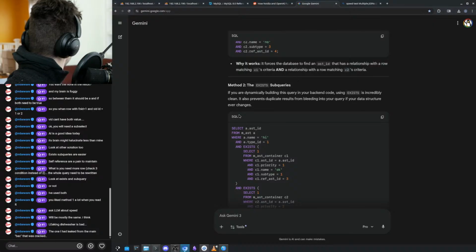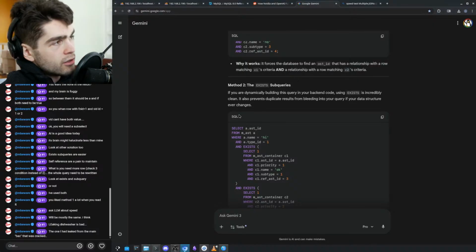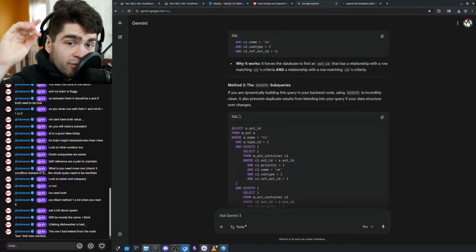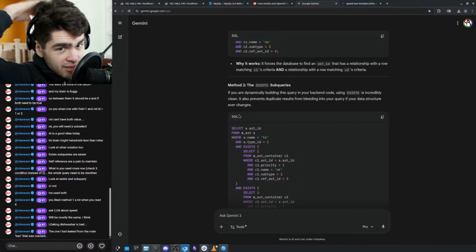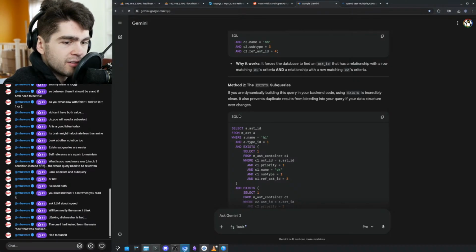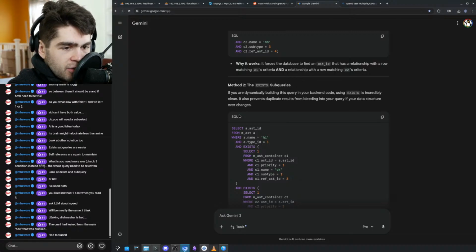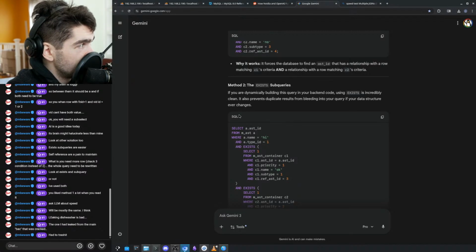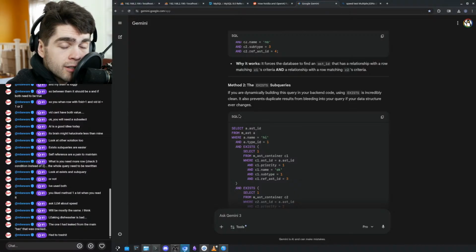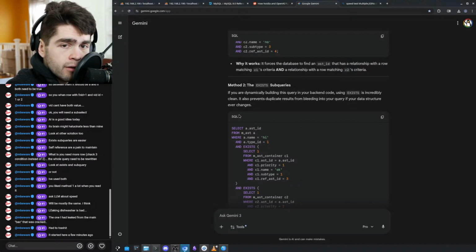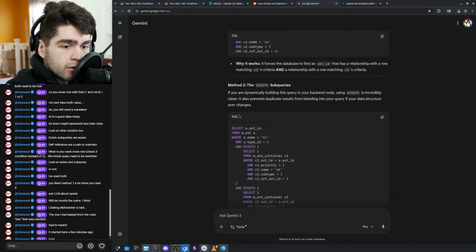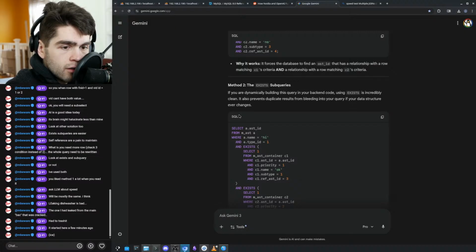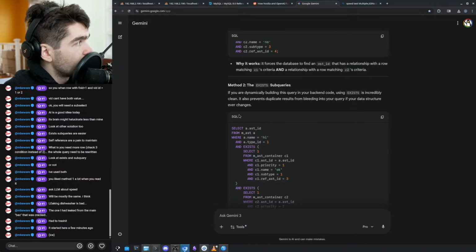God damn. The tree slammed on my house. I have the biggest tree in my street. The one I had leaked from the main back. Oh, god damn. That's a bad thing. I don't think it is, because at the start of the cycle, it doesn't leak.